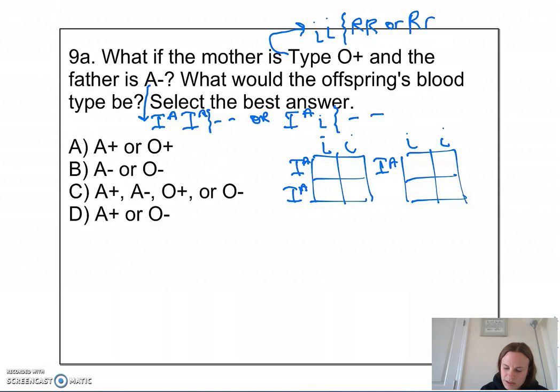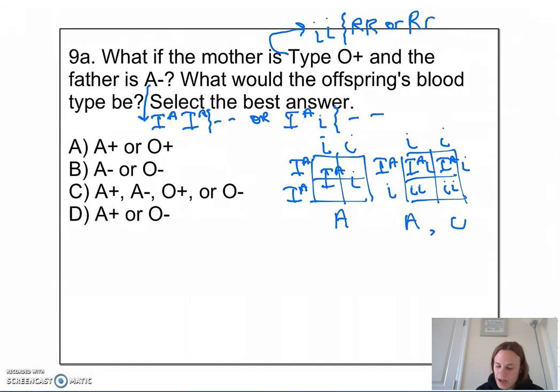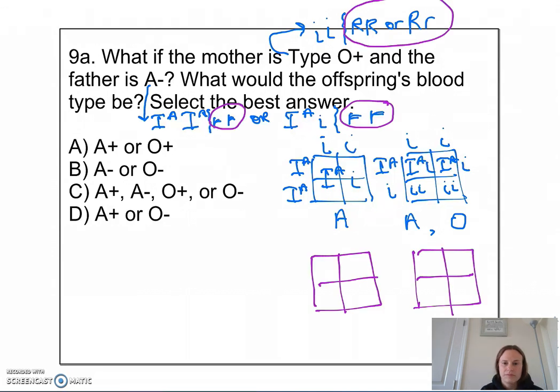I would fill it out and see what I end up with. In the first Punnett square, I would end up with all heterozygous type A. In the second Punnett square, I could end up with heterozygous type A, or I could end up with type O.